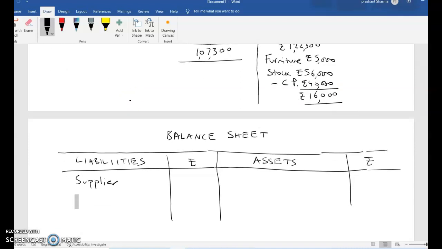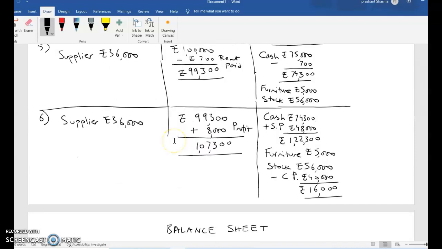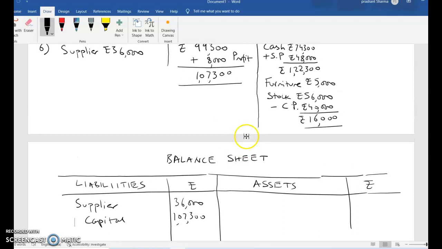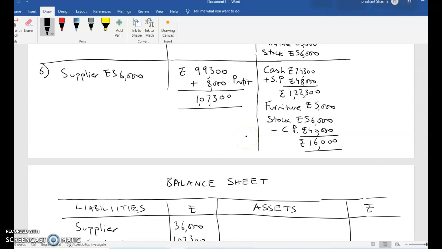That is the sixth one. Supplier above is how much? 36,000. So I copy here 36,000, and then I copy the capital, which is 107,300. Okay. And what about the assets? See, cash.